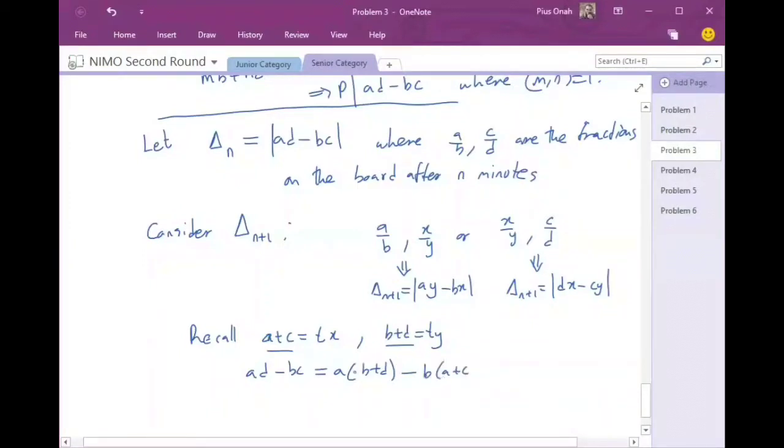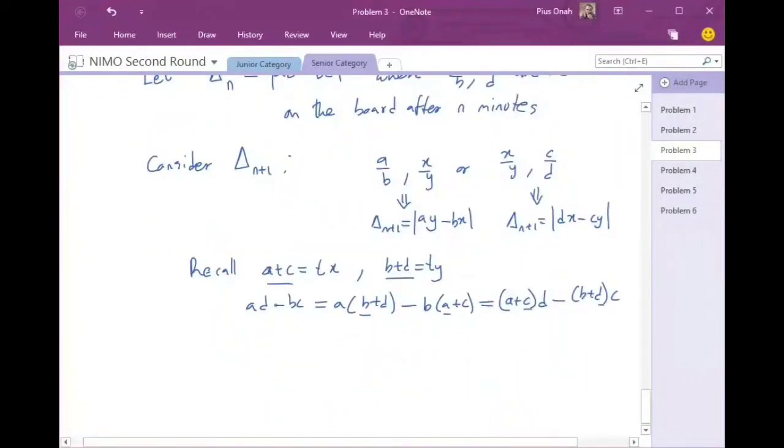So if we expand this, you see that we get the same stuff, and we can take it the other way around. We could replace a and b by a plus c and b plus d, which gives a plus c times d minus b plus d times c.